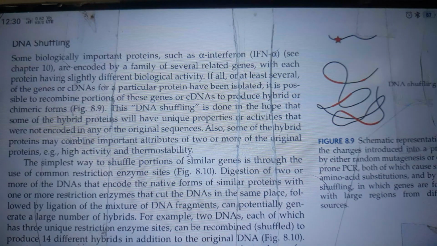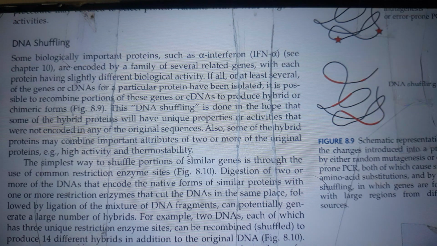Well, biologically important proteins such as alpha interferon, IFN alpha, as in chapter 10, are encoded by a family of several related genes, with each protein having slightly different biological activity.